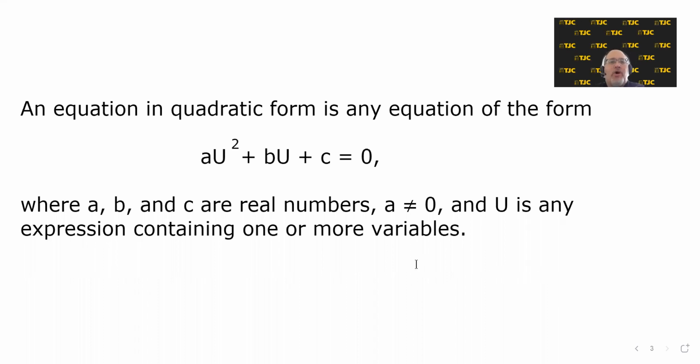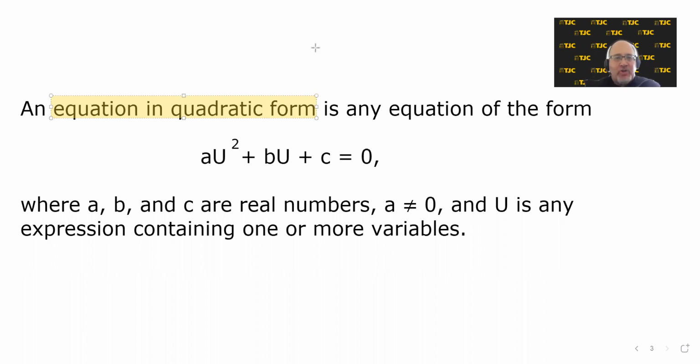An equation in quadratic form, and let's highlight that since we're defining it, is any equation of the form au squared plus bu plus c is equal to 0, where a, b, and c are real numbers, a is not equal to 0, and u is any expression containing one or more variables.